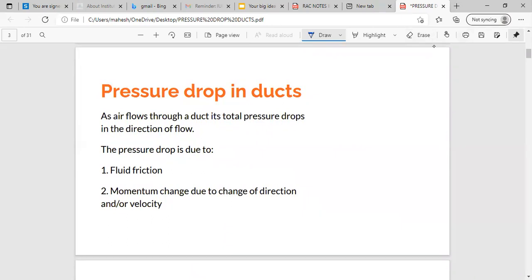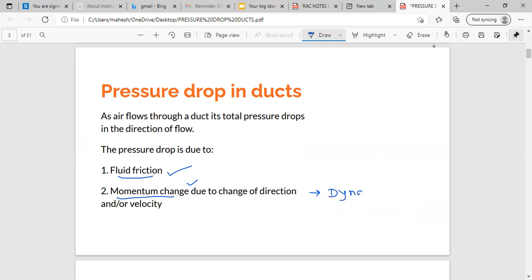We need to understand that these are because of two things. One is the friction. The fluid friction would result in the pressure drop in the ducts, and the second thing is there is a momentum change, and this momentum change would result in what is known as the dynamic losses.